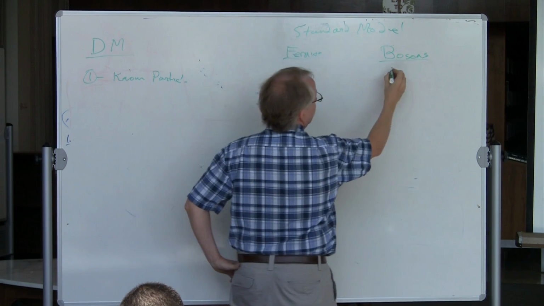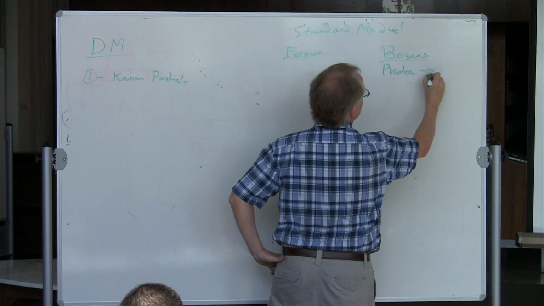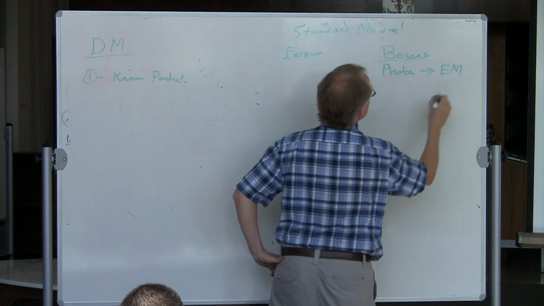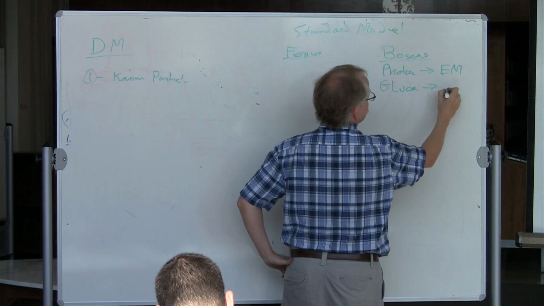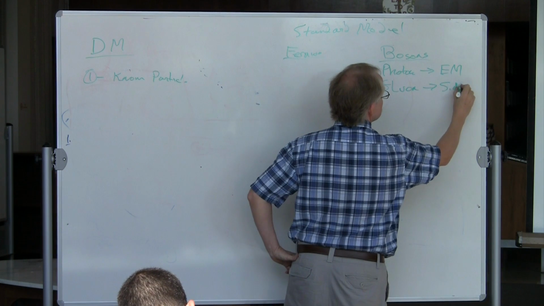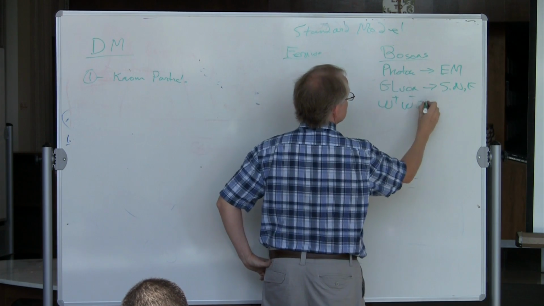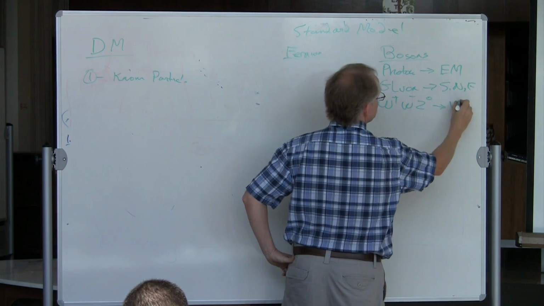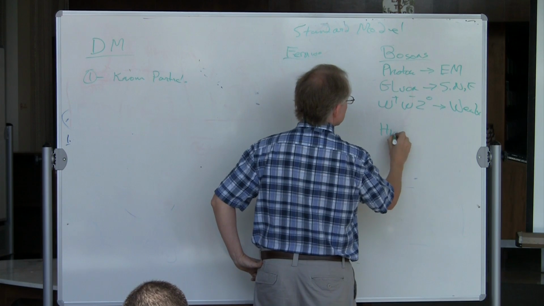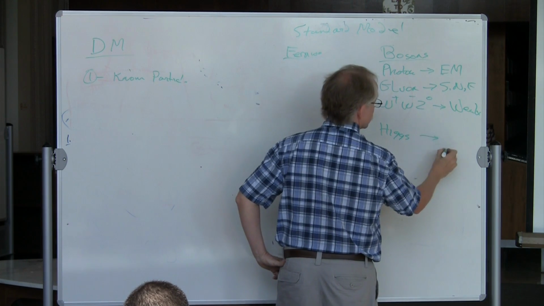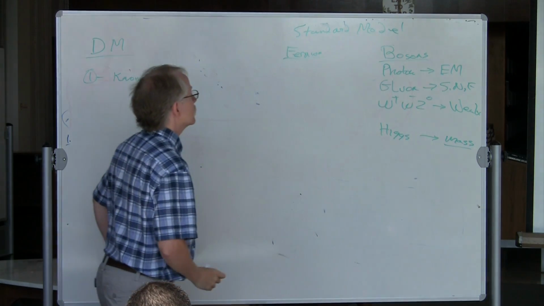Photons are bosons, and they're responsible for the electromagnetic force. We have gluons, which are responsible for the strong nuclear force. We have the W plus, W minus, and Z0 particles, which are responsible for the weak force. And then we have the Higgs boson, which is responsible for mass. We can talk about that later.